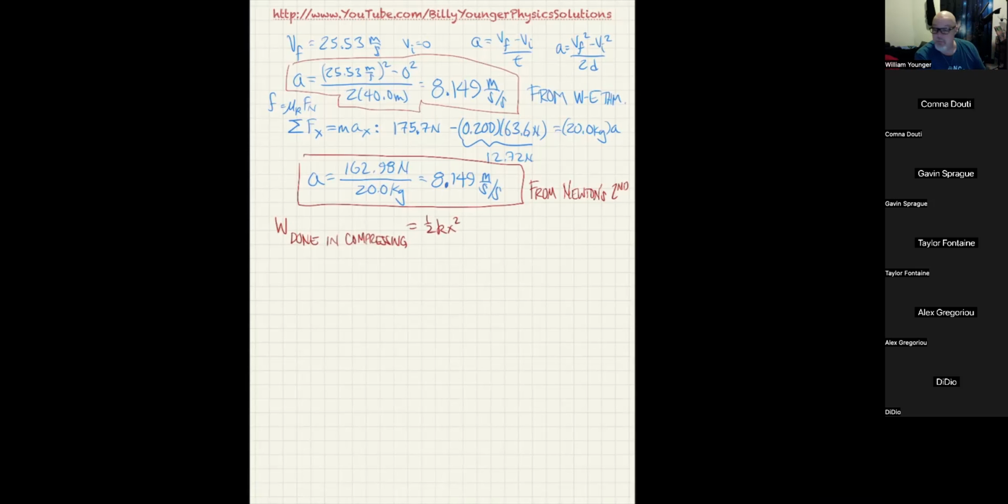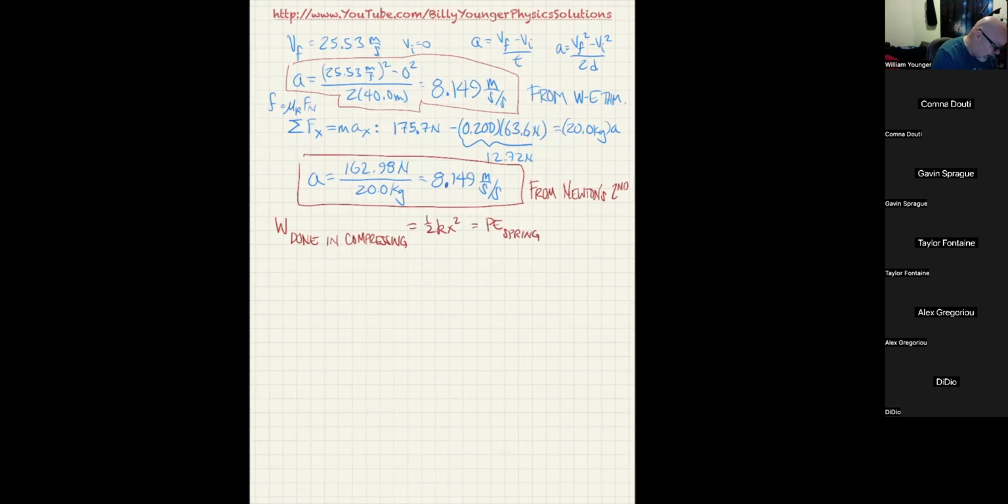We might consider that, but some people would also call this the potential energy stored in a spring that's either been stretched or compressed by an amount x. Either one's acceptable. The main thing is it's another form of energy.